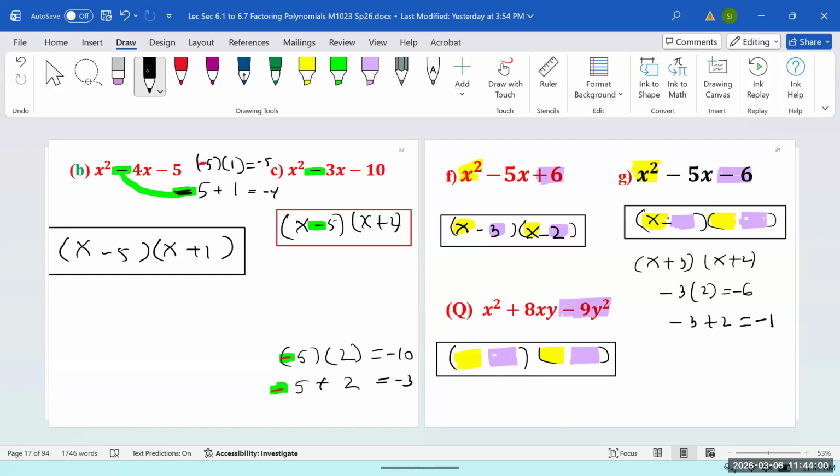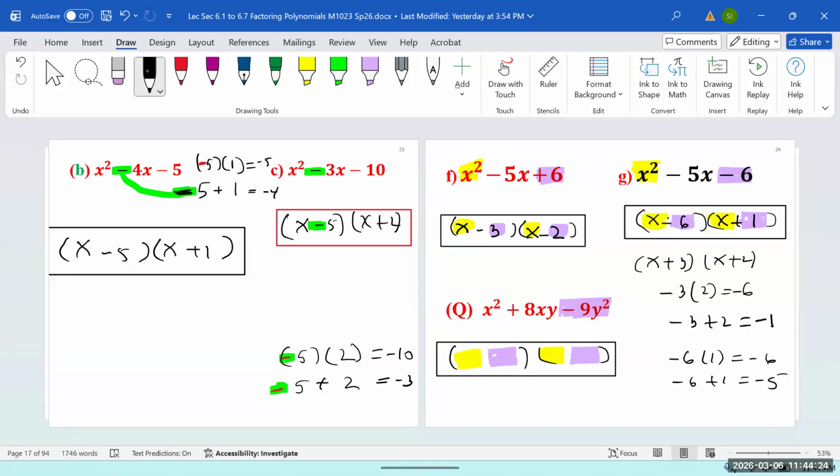Negative 6 and 1. Let's verify. Negative 6 times 1 is negative 6. Negative 6 plus 1 is negative 5. Yep. So this is actually minus 6 and plus 1. So see, these two are tricky. They look almost the same.